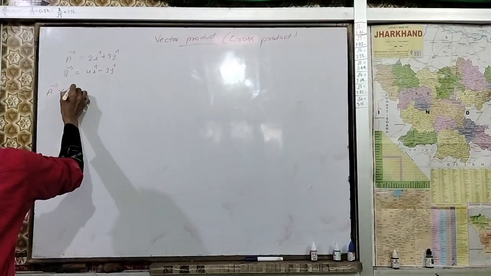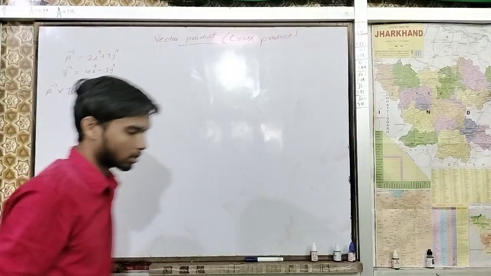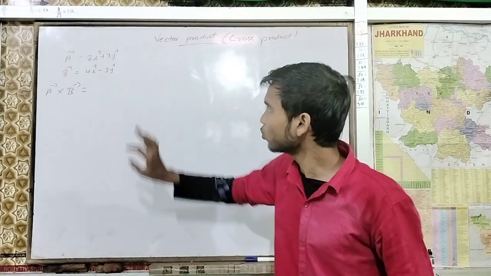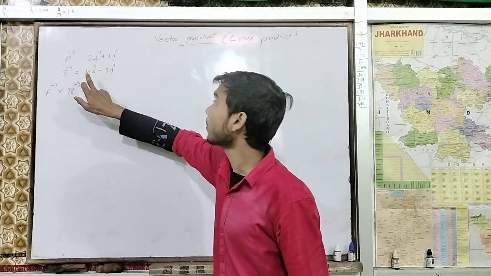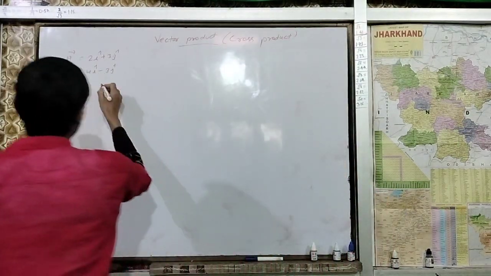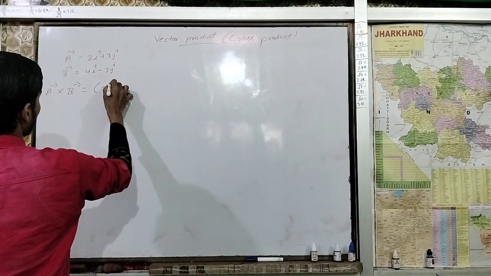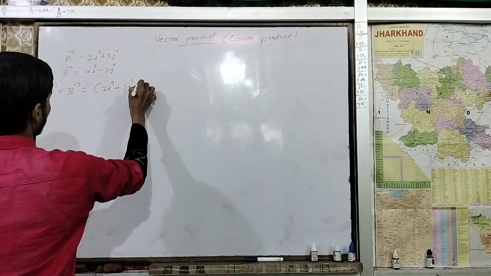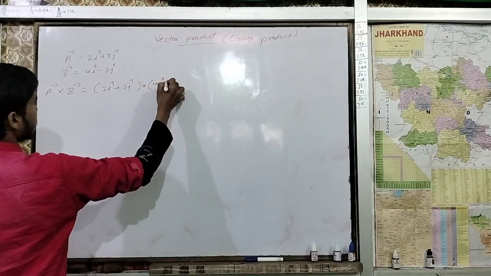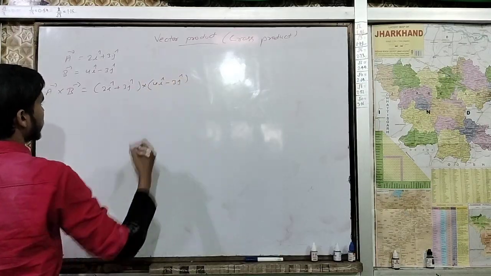Now look at the components. If you are going to multiply this by this, 2I cap plus 3j cap and then 4I cap minus 3j cap.